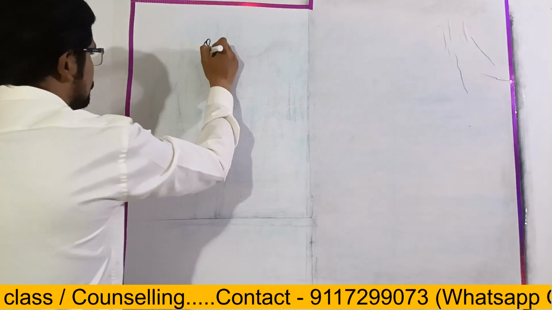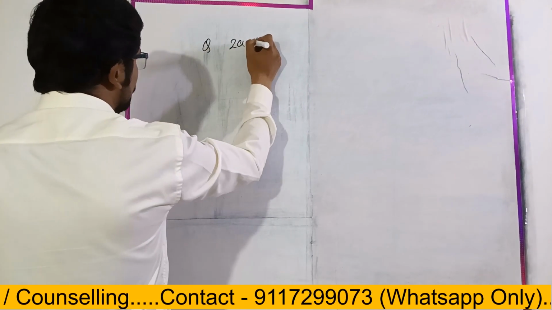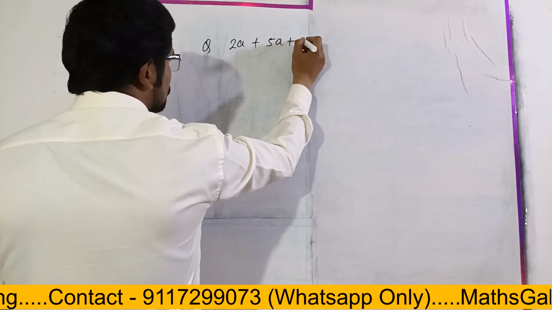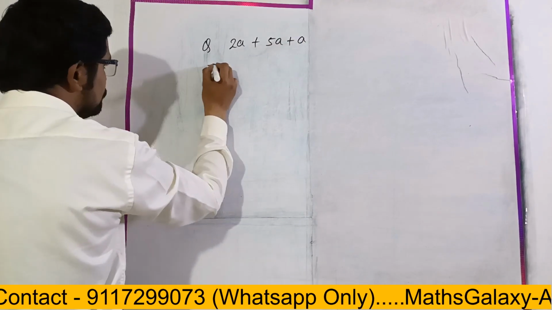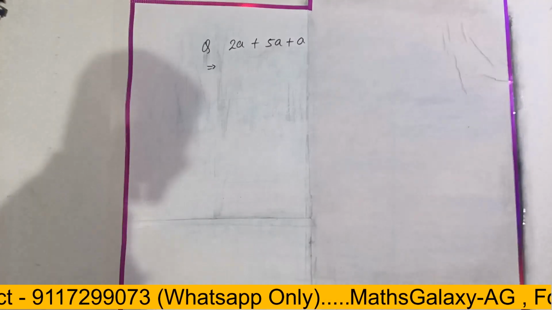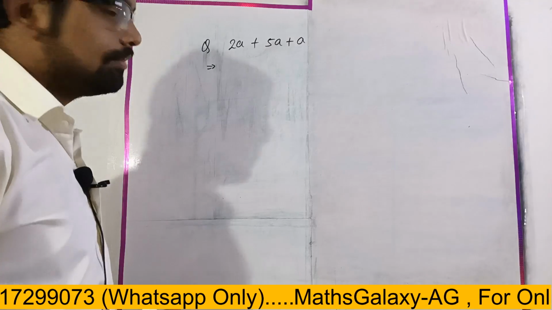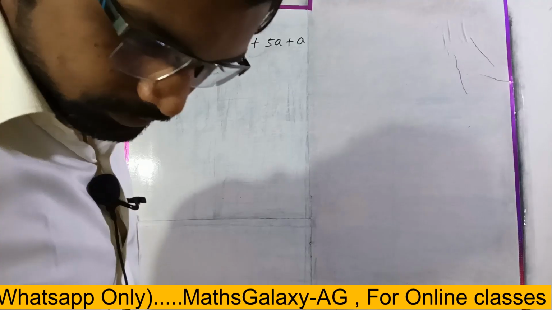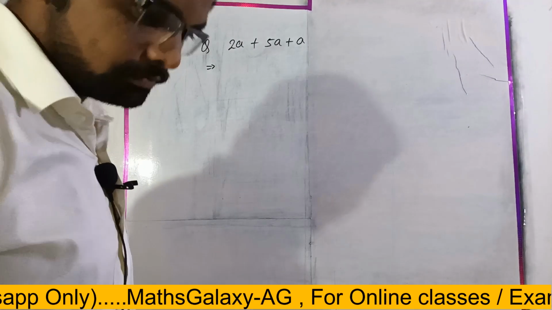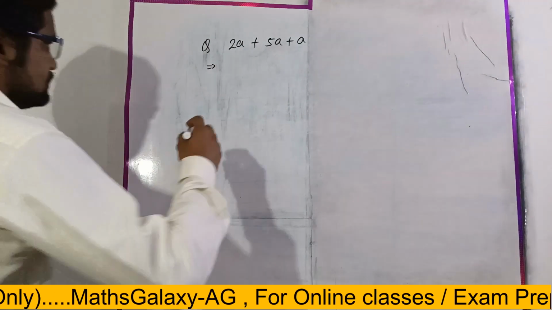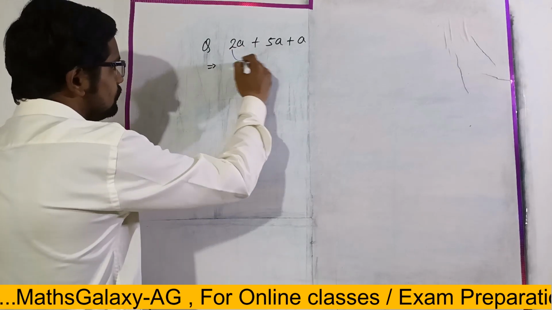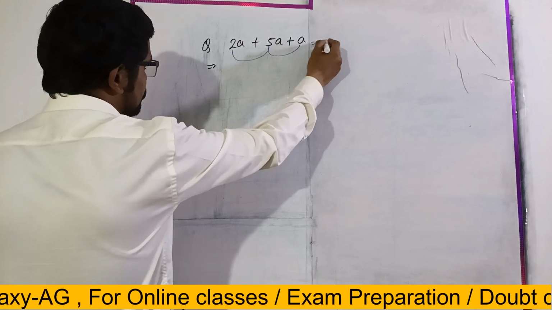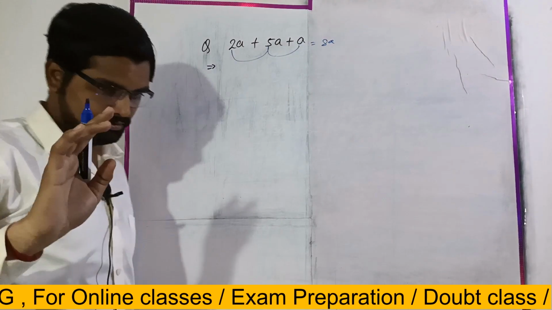See here, 2a plus 5a plus a, what will it be? 8a. As you can see, 2 and 5 is 7, 7 and 1 is 8, so it will be 8a, right?